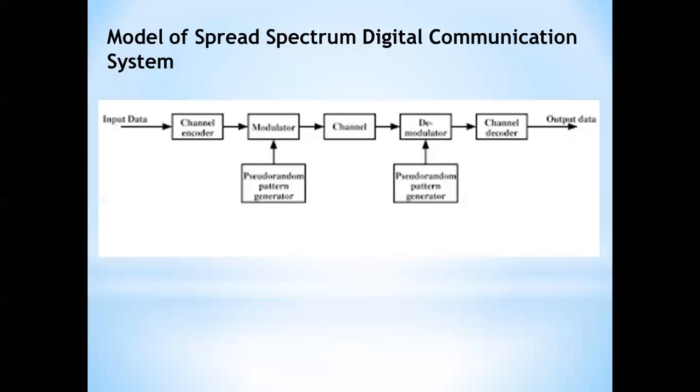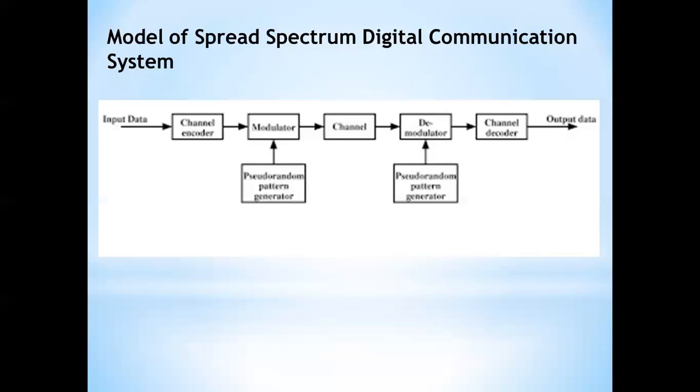In PSK, the PN sequence, where PN is the pseudo noise sequence generated at the modulator, is used along with the PSK modulation to shift the phase of the PSK signal pseudo-randomly. The resulting signal at the modulator output is called a direct sequence spread spectrum signal, that is DSSS.